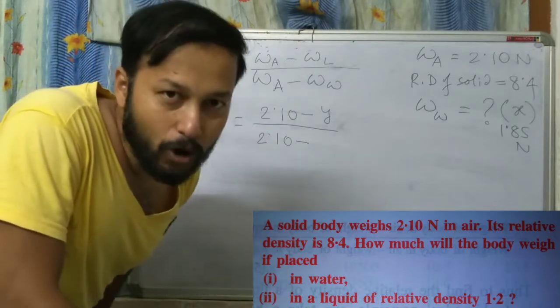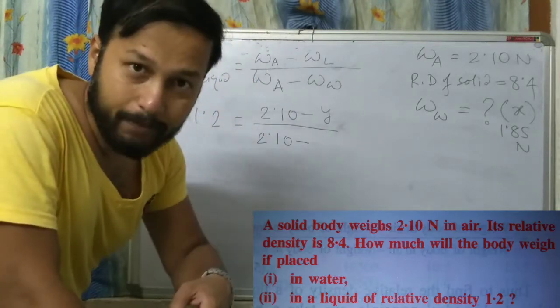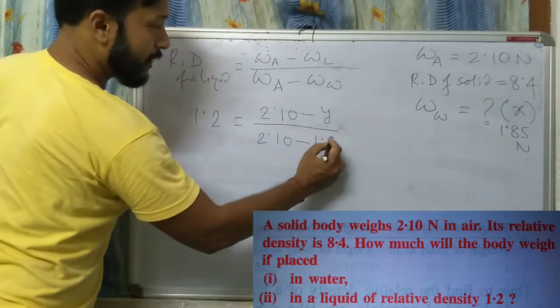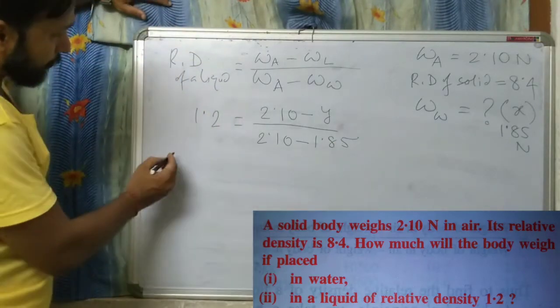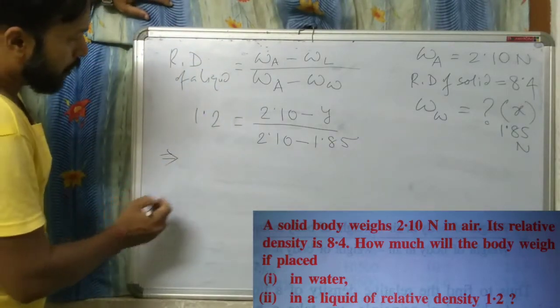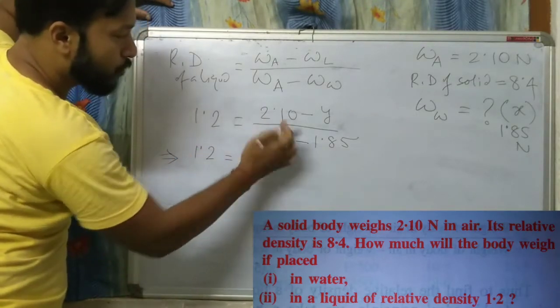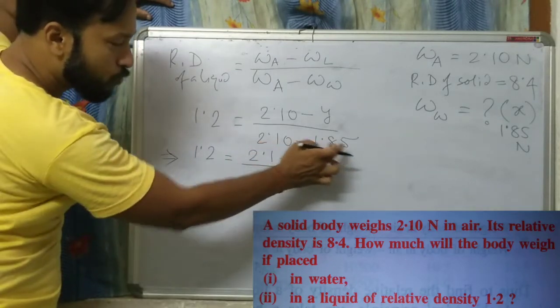What is the weight of the object in water? We have already calculated it in the first part of this sum: 1.85 Newton. So 1.2 equals 2.1 minus y by 2.10 minus 1.85.